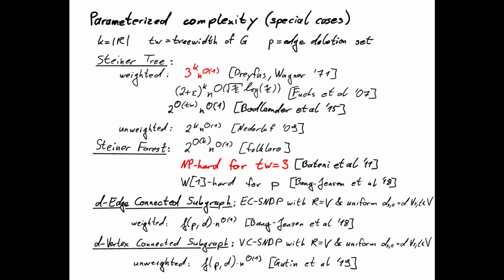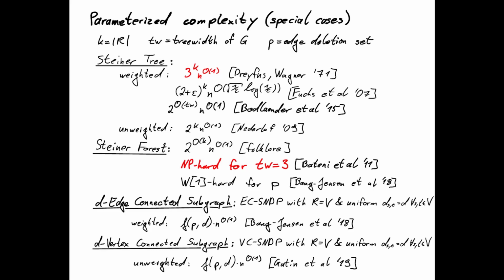Several parameters have been studied here. But from this long list, what I want you to remember most importantly is that, first of all, Steiner tree is FPT, parameterized by the number of terminals. And we will also later come back to the fact that Steiner forest is actually NP-hard on graphs of treewidth 3.